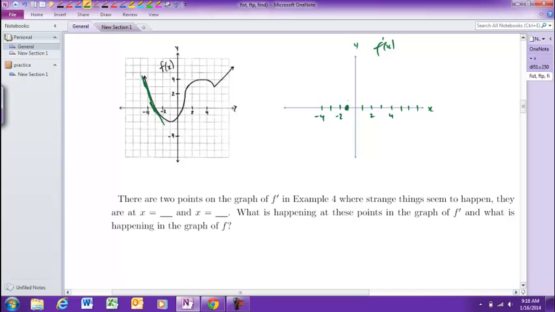Because at -1, at the bottom of this hill, this valley, I'm actually getting a horizontal tangent line. So maybe this looks like something like that.